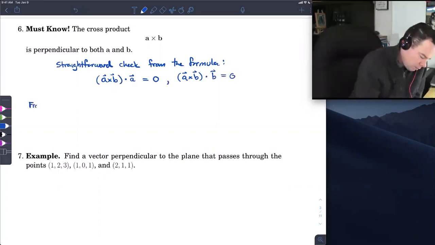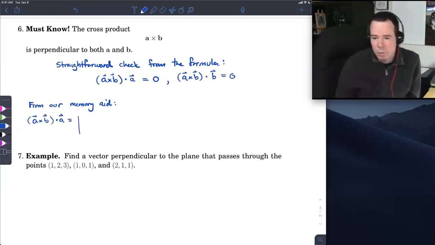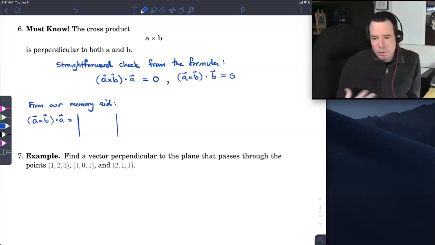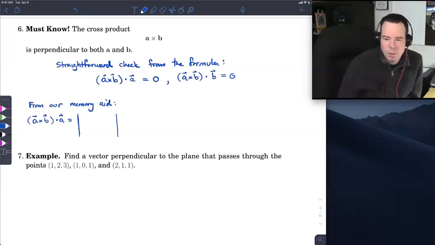Or from our memory aid, what we are interested in is something like this. If I wanted to do A cross B dot A, then from our memory aid, we would do the cross product for A and B, and then we'd have the i hat, the j hat, the k hat, which separates our components.